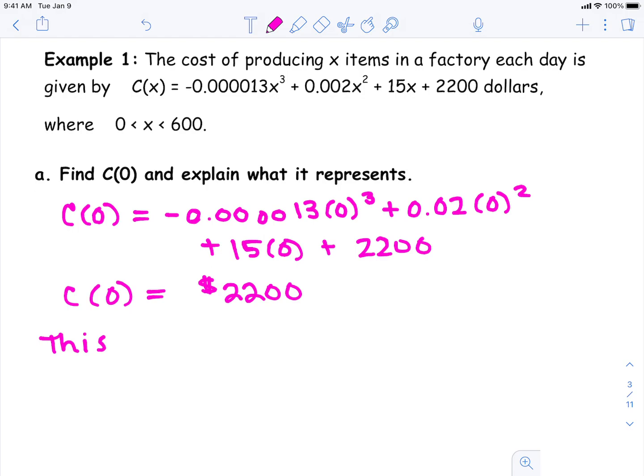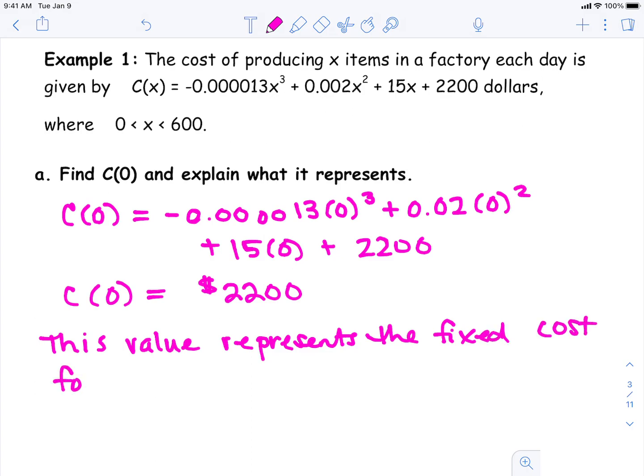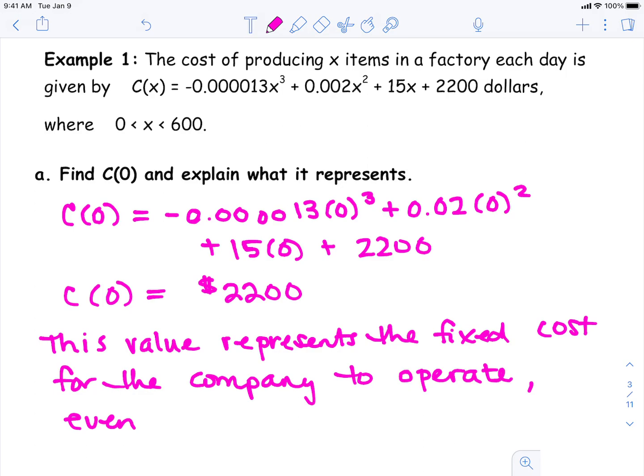This value represents the fixed cost for the company to operate even without manufacturing anything.